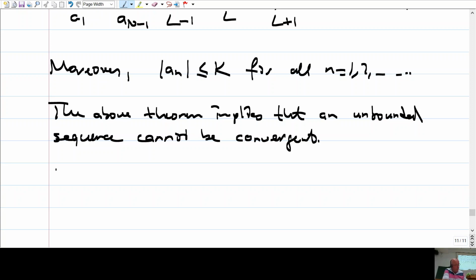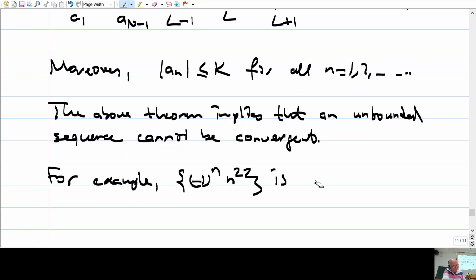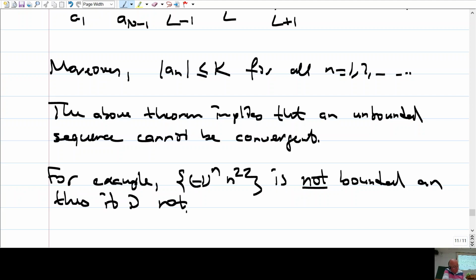For example, (-1)^n times n squared is unbounded, is not bounded, and thus it is not convergent.